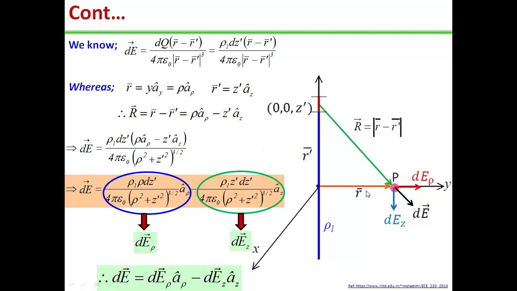Point P is lying along the y-axis and its distance from the origin is r.